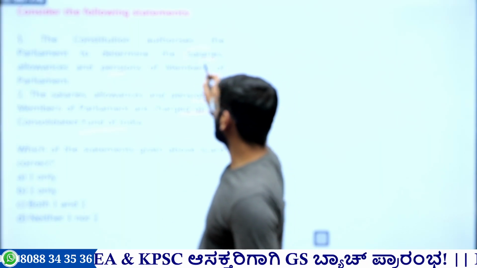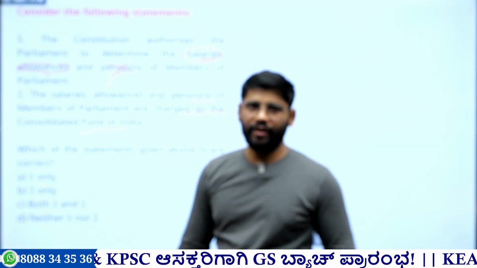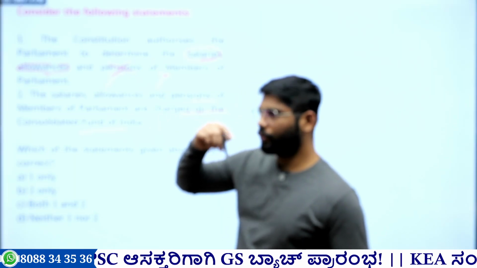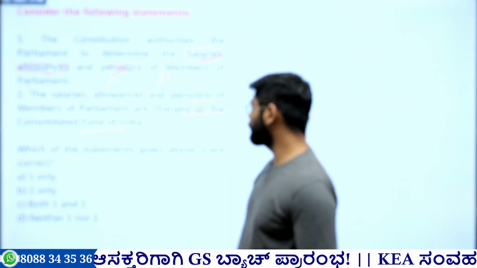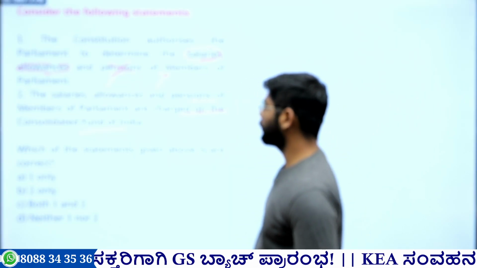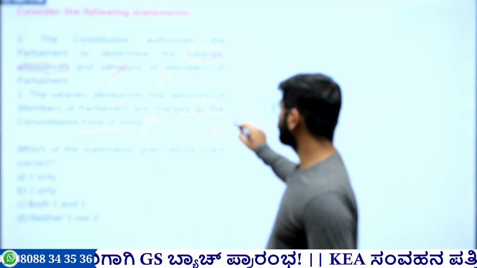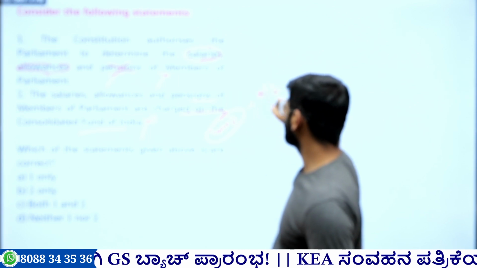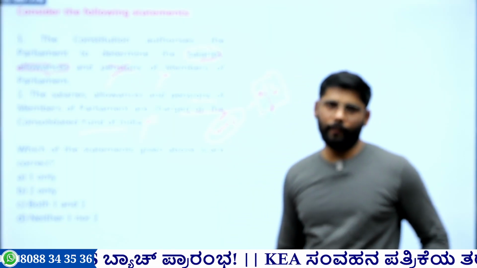It is authorized to determine salary and allowances, but the constitution has not mentioned the pension for members of parliament. So the first statement is wrong. The pension is given by the parliament, not by the constitution. Second, the salary, allowances and pension of members of parliament are charged on the consolidated fund. It's not charged, they are voted. So they can be increased or reduced, even during the tenure of the member of parliament.